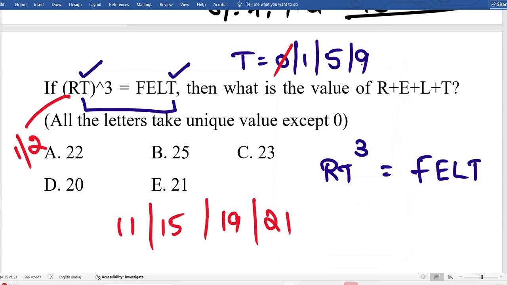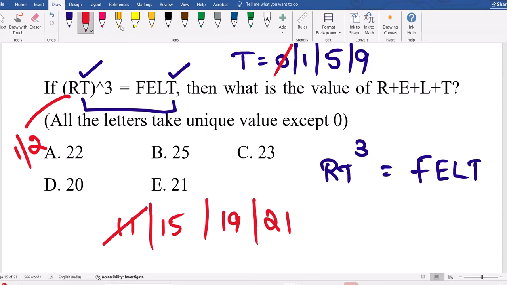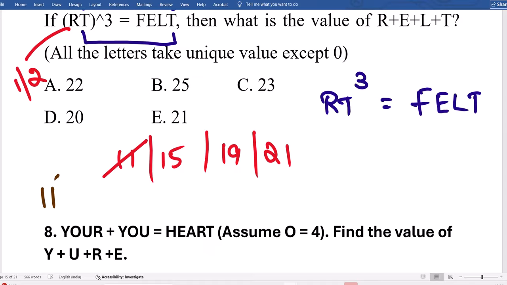Now 11 cube is a waste, 11 cube is 1331. Sir, why did you eliminate 11 cube? Listen, all 4 digits should be different. In felt, all 4 digits are different. So with 11 cube we have a problem: 1331 has repeated letters, but you want all different. The only condition here, how you can decide the answer, is that all letters must be different.